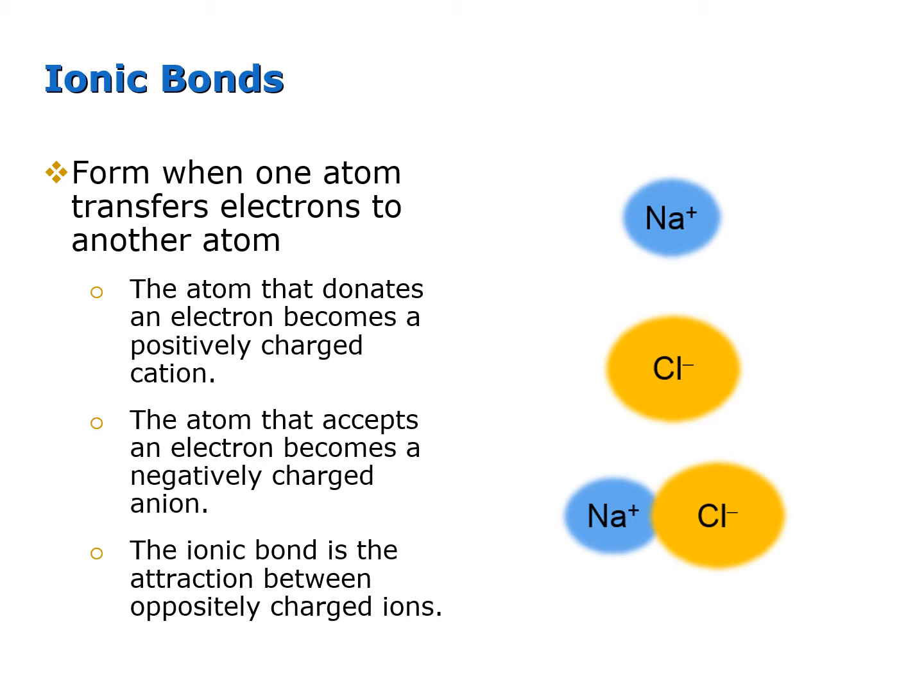And this is because now the number of protons, which is 11 in the nucleus, is higher than the number of electrons that I'm left with, which is just 10. If we take the example of table salt, which is sodium chloride, the sodium will donate 1 particle to the chlorine atom.